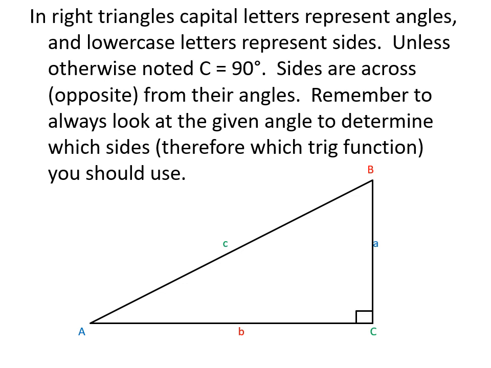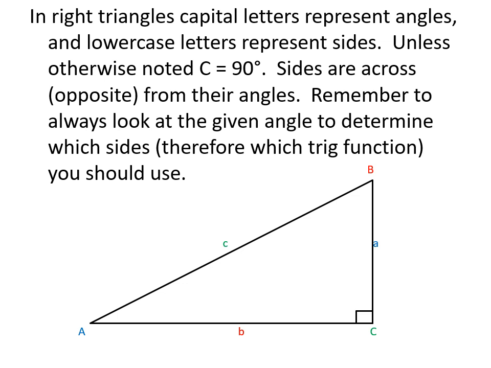The lowercase letters are your sides. The angle A is across from side A. Angle B is across from side B. Angle C is usually the 90-degree angle, and the hypotenuse across from that would be side C. Also labeling it this way, we get our usual Pythagorean theorem of a squared plus b squared equals c squared.